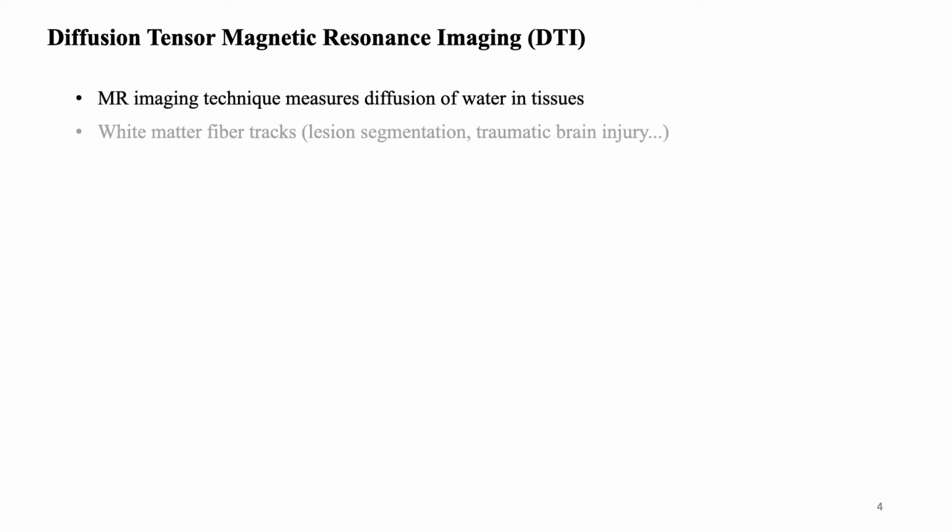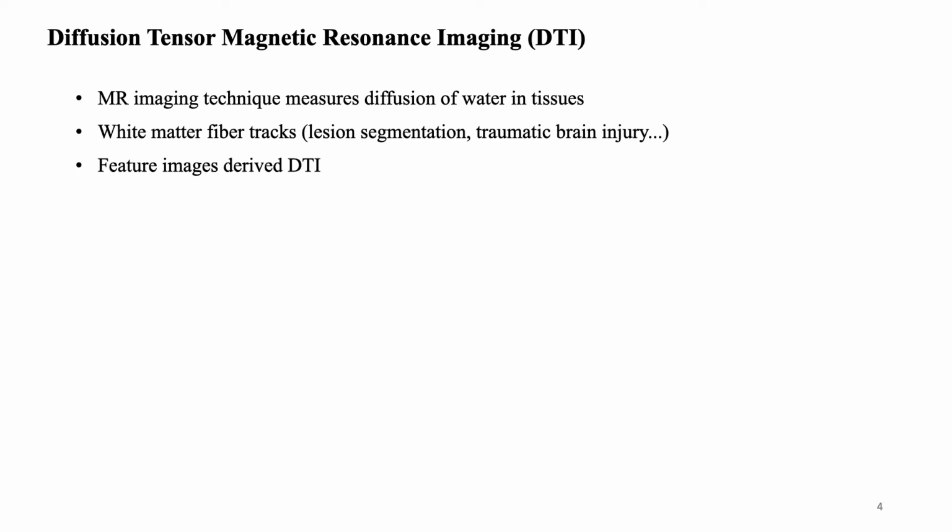Diffusion tensor magnetic resonance imaging, which we also call DTI, is an MR imaging technique to measure the diffusion of water in the tissues. It can also model the white matter fiber tracks, and therefore is very helpful for lesion segmentation and also for the study of traumatic brain injury.